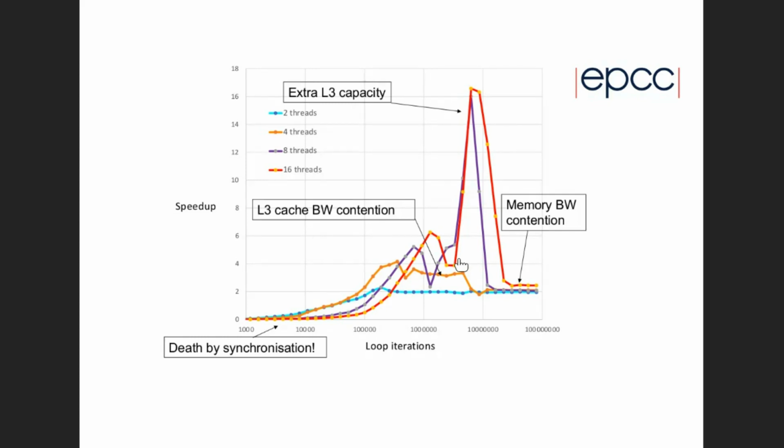There also might be effects here from the fact that the L3 cache is actually banked up into sets of 4 megabytes. So although it's a 16 megabyte cache, it's actually divided up into 4 blocks of 4 megabytes.